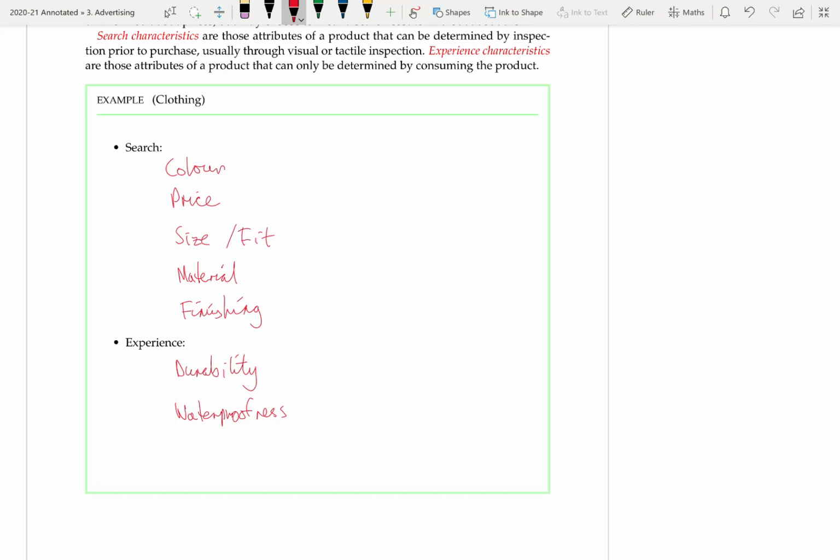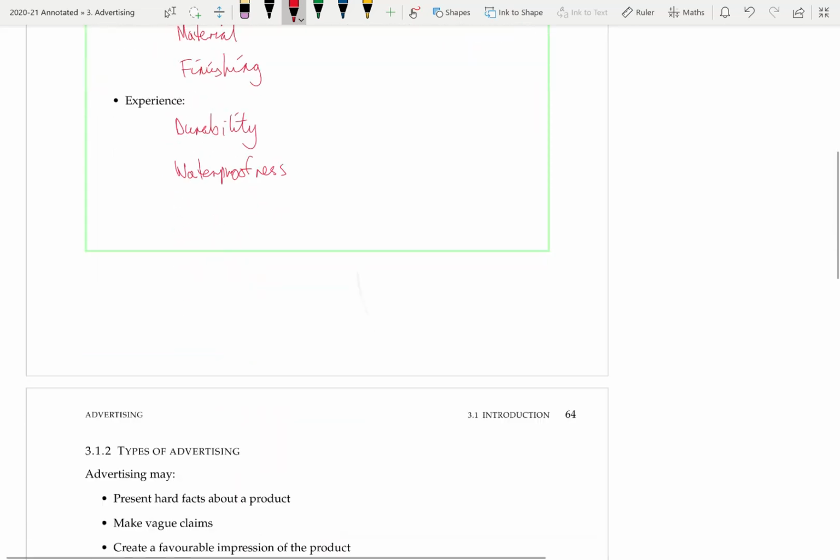I should say that the distinction between search and experience characteristics, there's not a hard line between these two types of characteristics. It may depend on what the stores allow you to do. So for example, with a car, if a store allows you to test drive the car, then that's going to mean some things which would otherwise be experience characteristics may now be search characteristics.